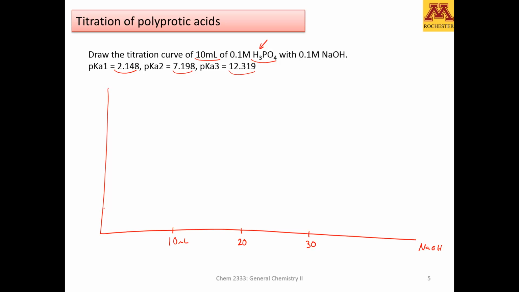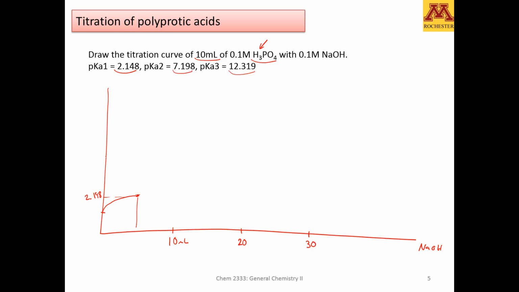Initially, how do you calculate the pH? Well, phosphoric acid is a weak acid, so you need to use the ice table, and you'll have something like that. What you know is that halfway of your titration, this will be equal to the first pKa, which is 2.148. Okay, that will be pK1.